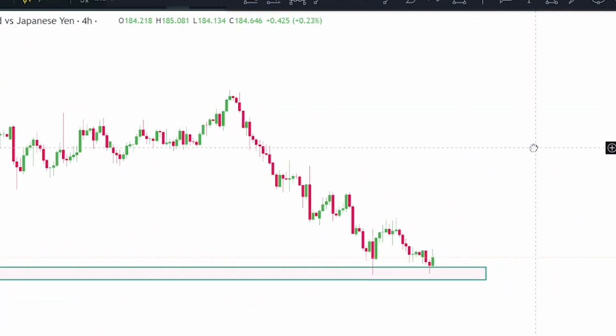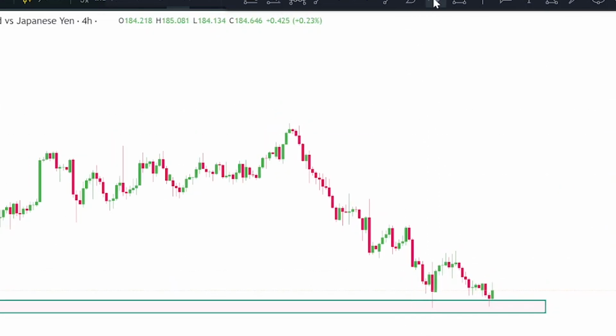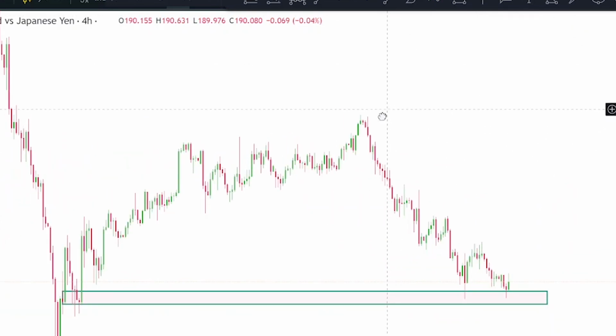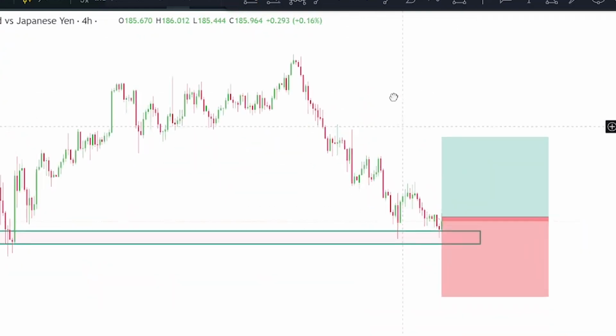We are anticipating the market to move up. So this is a double bottom from this area, where we end up forming an inverted hammer. So we are going to be expecting the market to change the direction to the upside. We are taking a buy from this area.